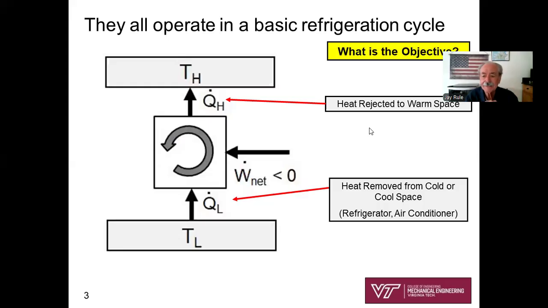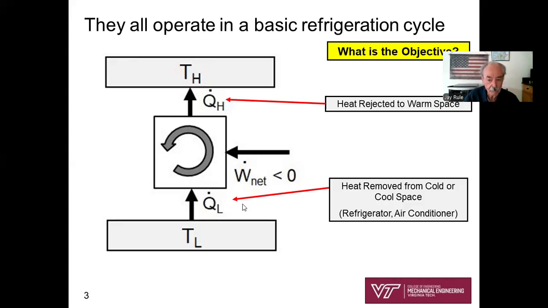Okay, so back to a basic schematic. What's the objective of a basic refrigeration cycle? Well, the objective is to remove heat from a cold or cool space, the function of a refrigerator or air conditioner. And where does that heat go to? It goes to, let's say, the surroundings, or to a warm space.